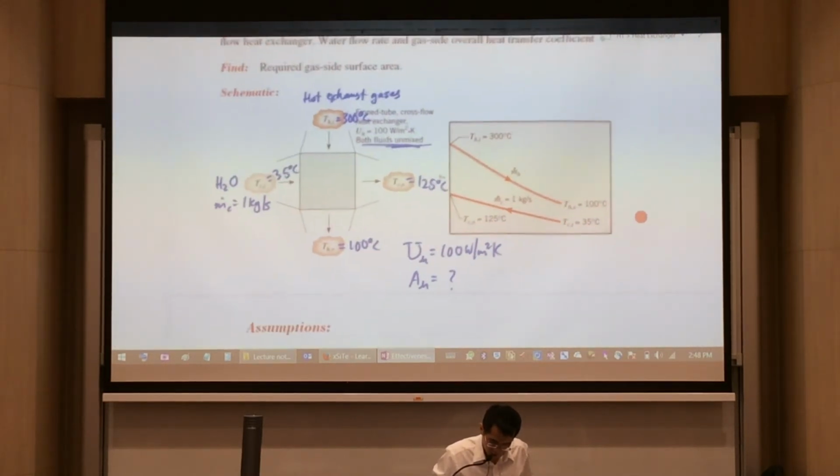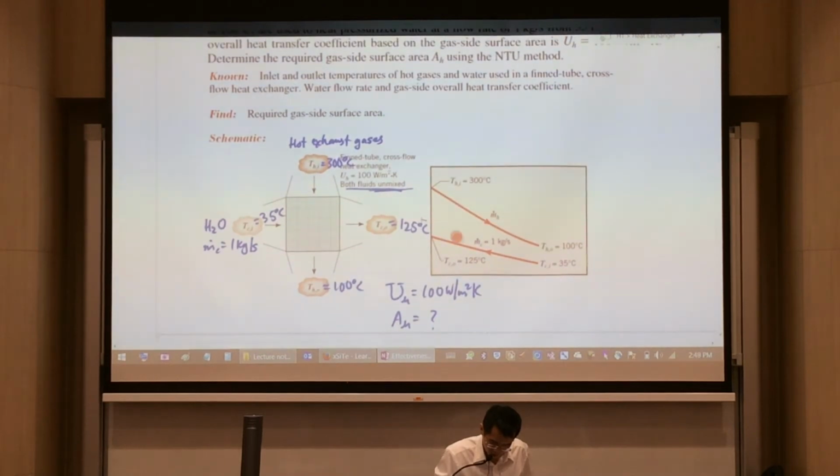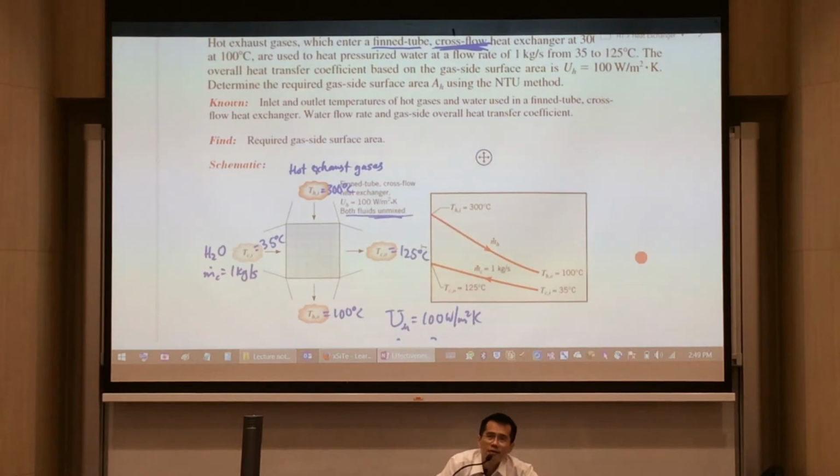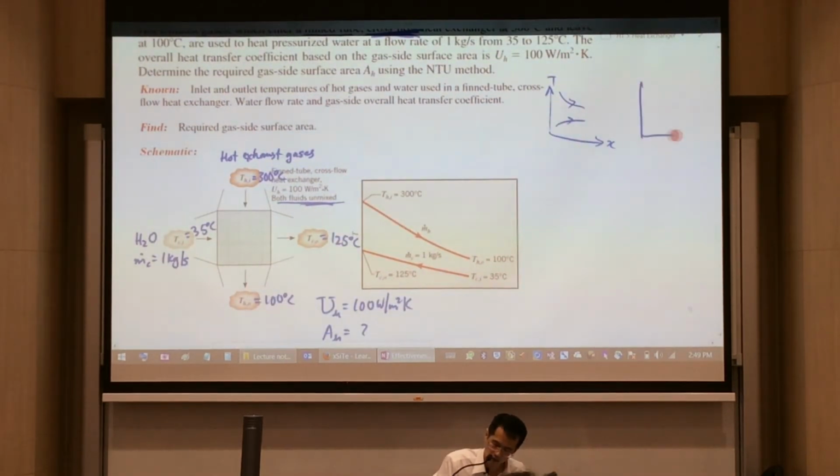Now, what is interesting is that I'm not sure, have you noticed this graph here that's right beside the figure? Some of you may be wondering, I know how a parallel flow heat exchanger temperature graph is going to look like. In fact, it's going to look like that. That's for parallel flow, right? You've seen it before. The graph must look like that. For a counterflow heat exchanger, you've seen it before as well.